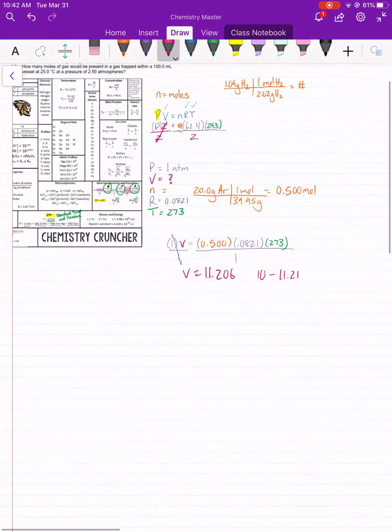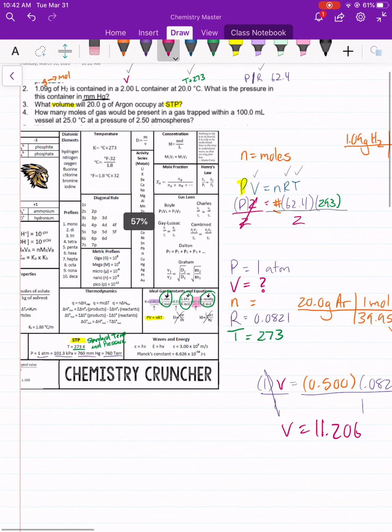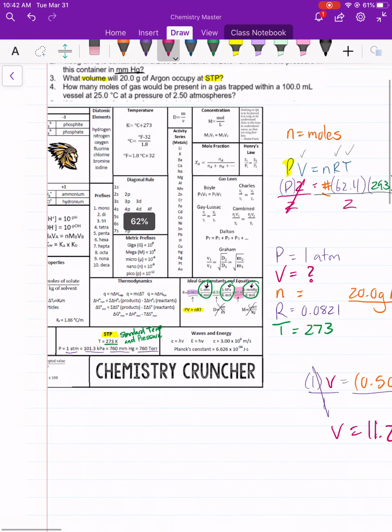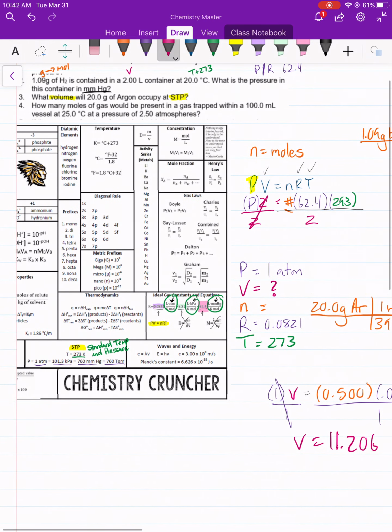Number 4, very quickly, how many moles of gas will be present in a gas trap with 100 milliliters? All right, 25 degrees Celsius at a pressure of 25 atmospheres. Okay, so here is my pressure, which means I also know my R value. This is atmospheres. Atmospheres is this one right here. So R is equal to 0.0821.